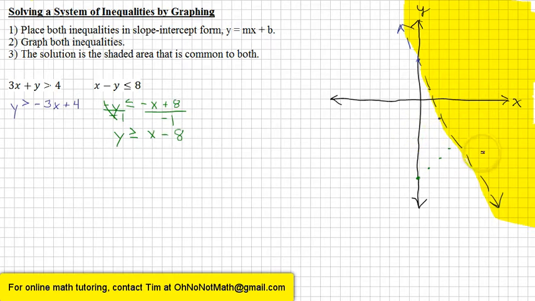Now that will be a solid line since it's y is greater than or equal to. So we can sketch that line. And we shade the region above the line.